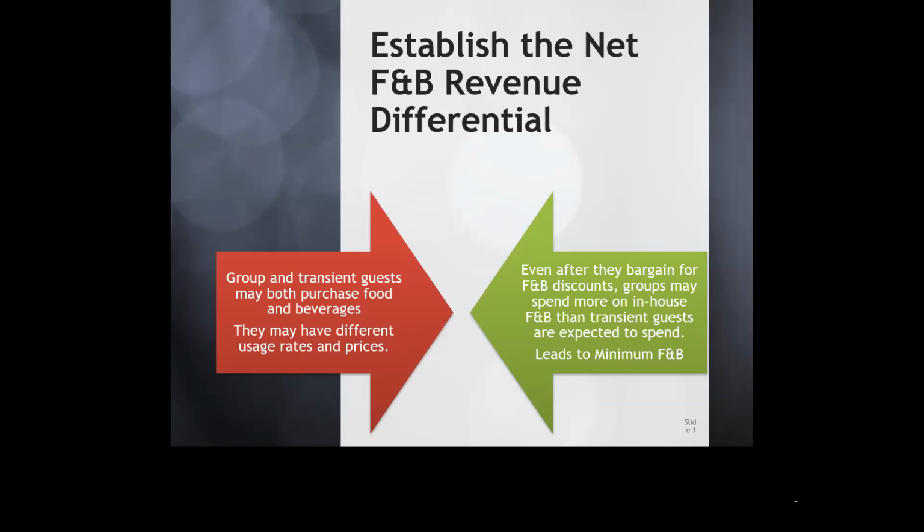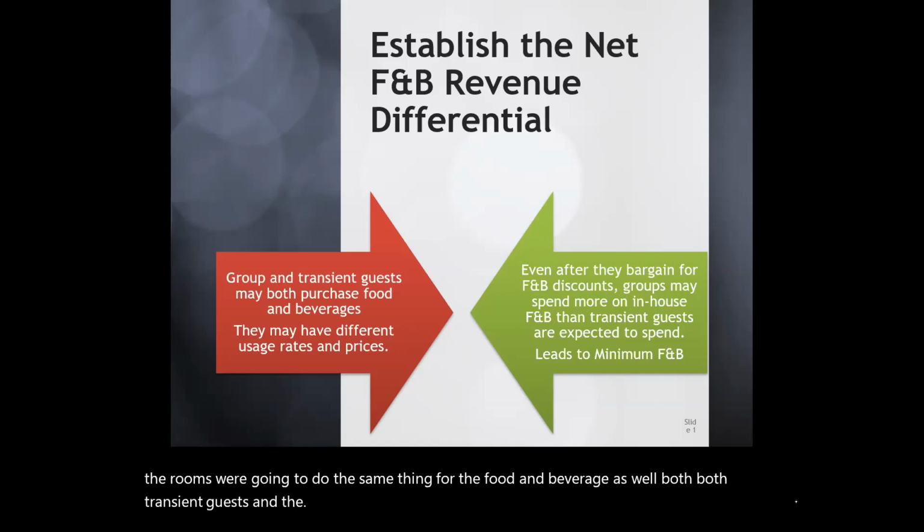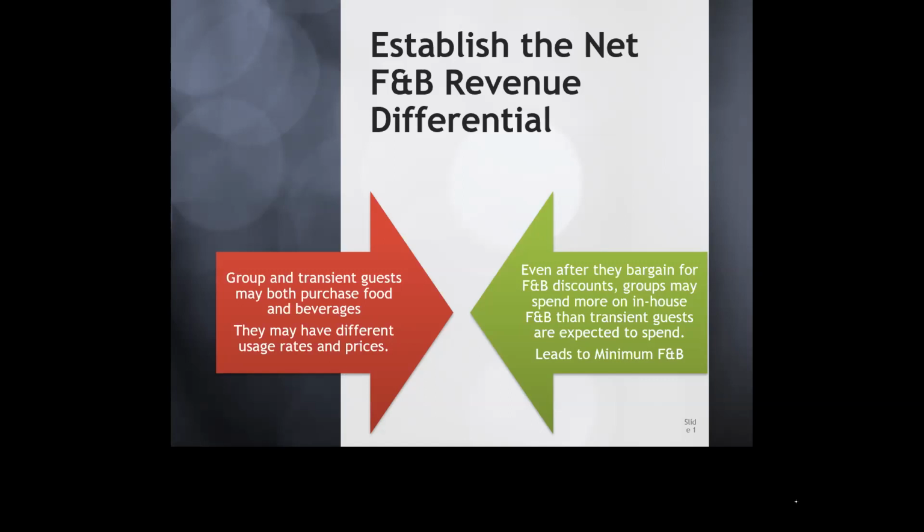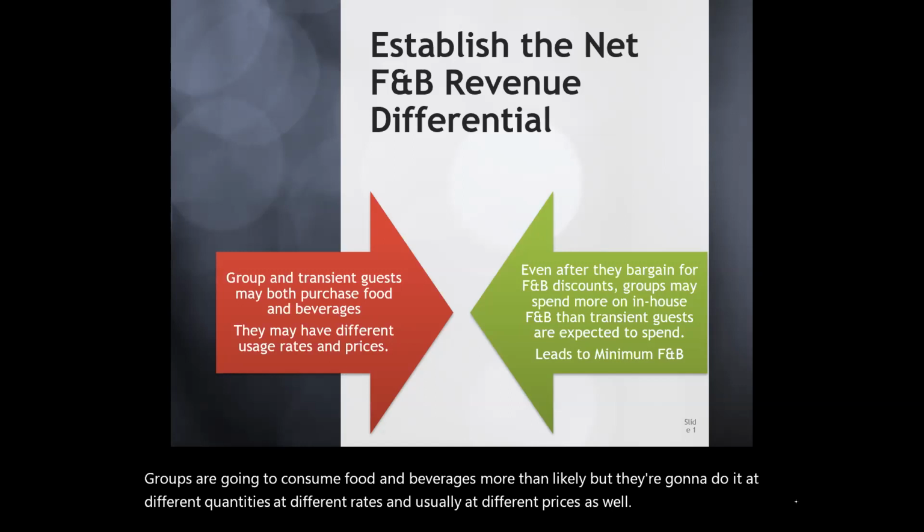Okay, both transient guests and groups are going to consume food and beverages more than likely. They're going to do it at different quantities, at different rates, and usually at different prices as well. And so that's one reason why we look at the various costs involved with food and beverage.